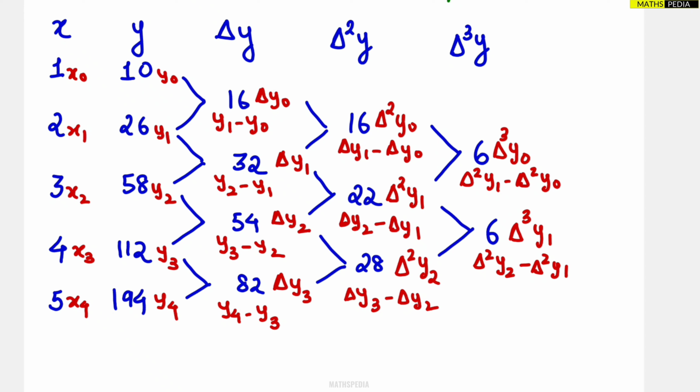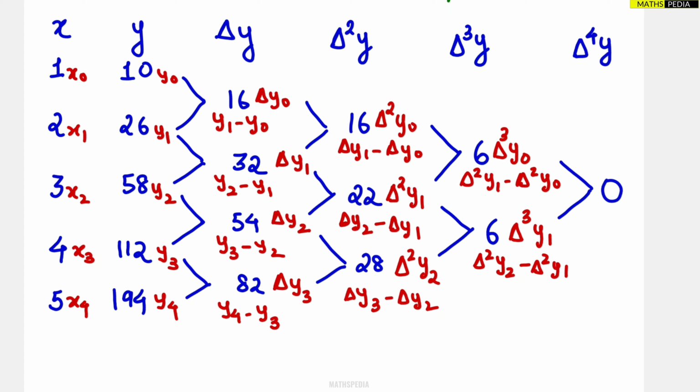Now, one more difference we will go for, which is delta power 4. Now here it will be reduced to one value itself. So subtraction of these two, 6 minus 6, which is 0.